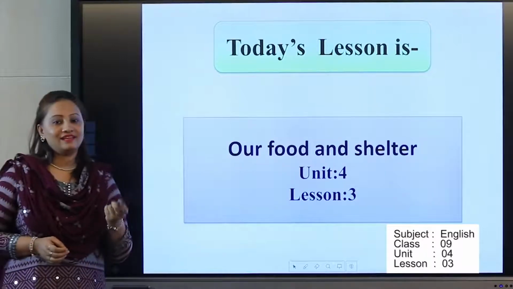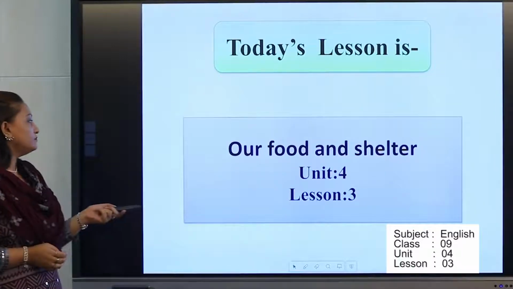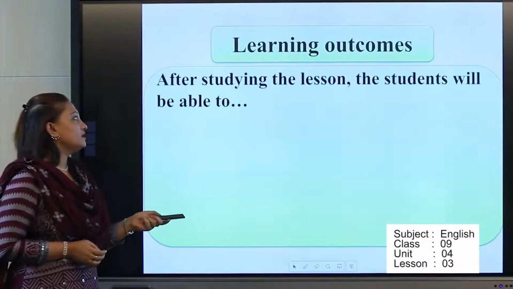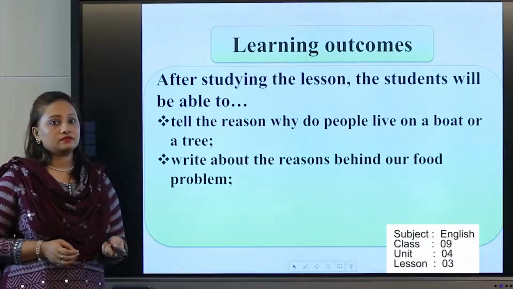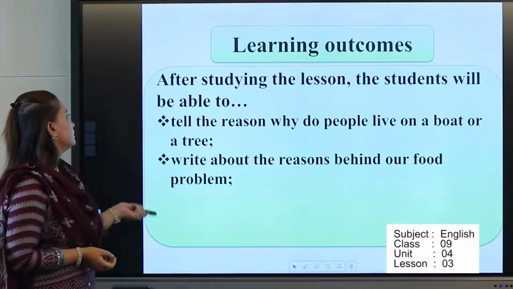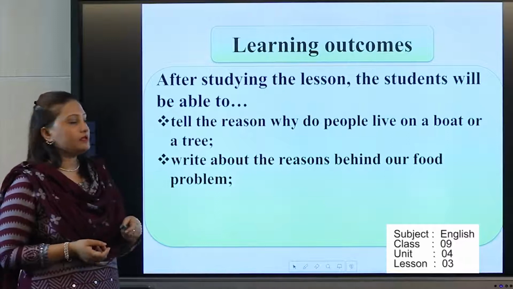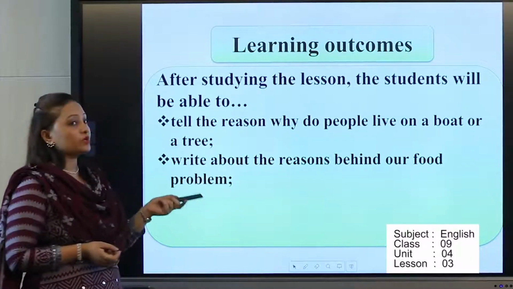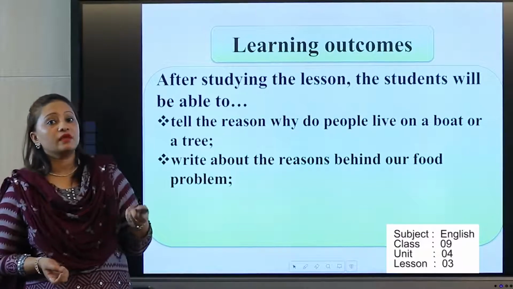So here you can see our learning outcomes, what we will read from the lesson. After reading the lesson, tell the reason why people live on a boat or a tree. What is the reason behind this?